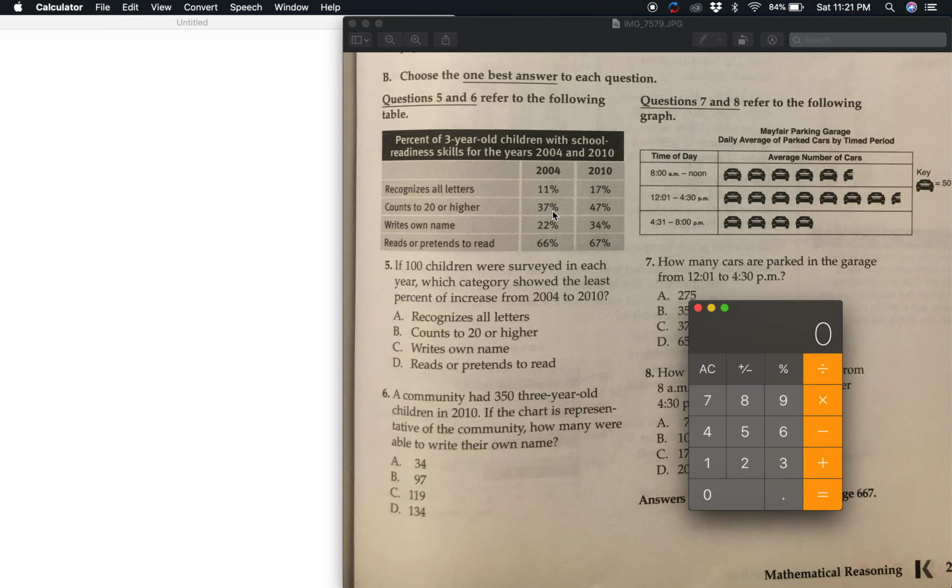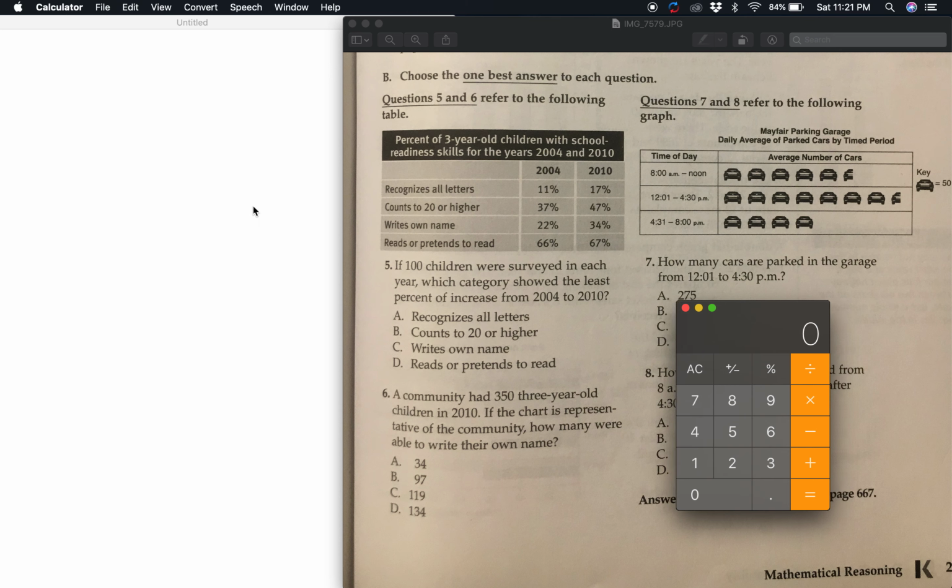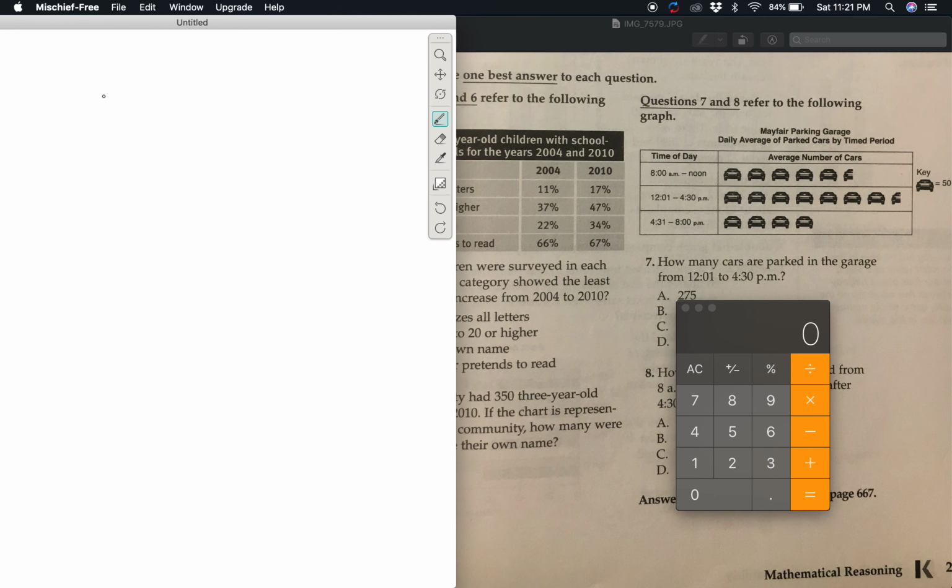If you really want to be certain, remember the formula: the higher number, 17 minus 11, divided by the original number, which is 11.